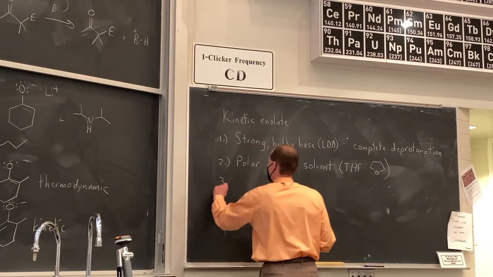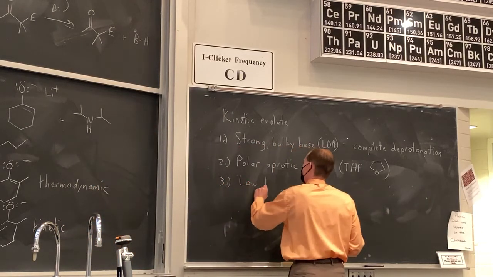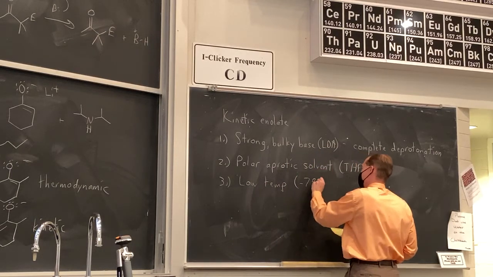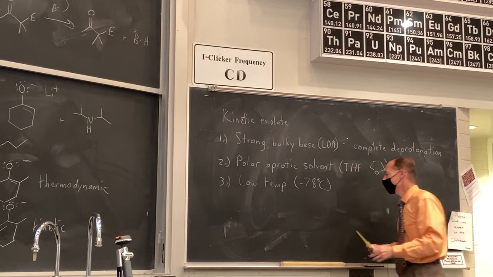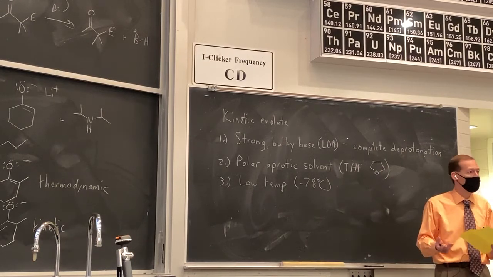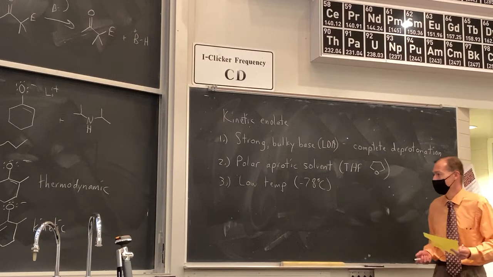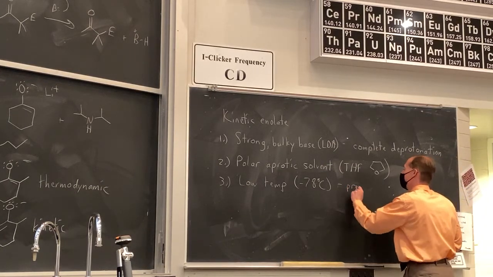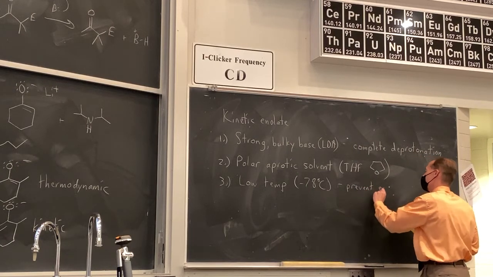Okay? And the third thing we need is low temperature, which is usually minus 78 degrees. We've learned previously that that's actually a convenient temperature in the lab because we can make dry ice acetone baths. So what the low temperature will do is it will prevent equilibration.